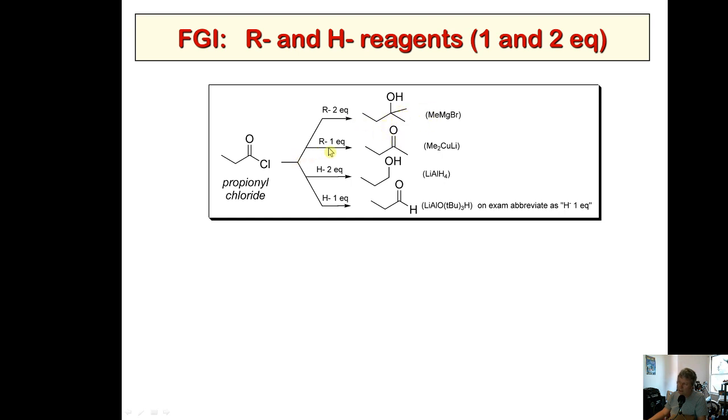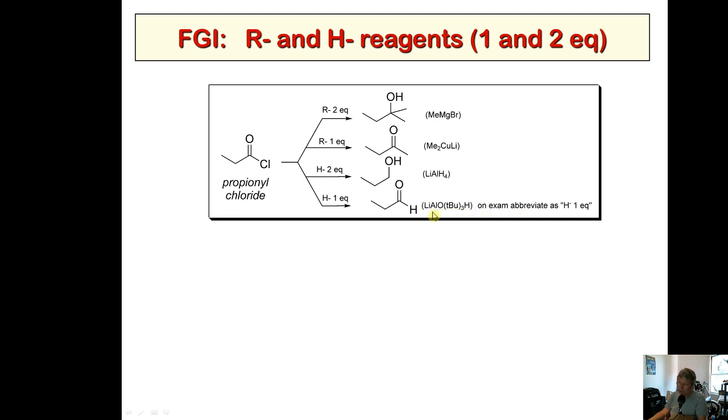If you want to add a single thing to an acid chloride, you can just use a cuprate, like methyl cuprate. That'll add once. If you have an acid chloride and you want to do a double reduction, H minus 2 equivalents, you use lithium aluminum hydride. If you want to do a single H minus addition, then you can use lithium aluminum tri-tert-butoxy hydride.